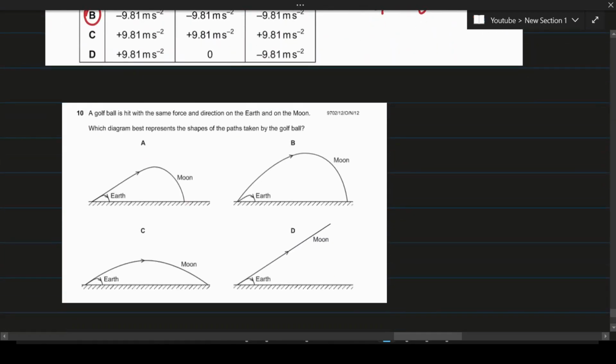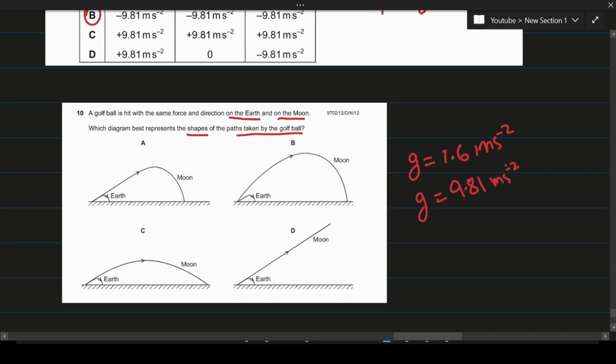In our last MCQ, a golf ball is hit with the same force and direction on the earth and on the moon. Which diagram represents the shape of the paths taken by the golf ball? On the moon we have a G value of approximately 1.6, and on earth it is 9.81.